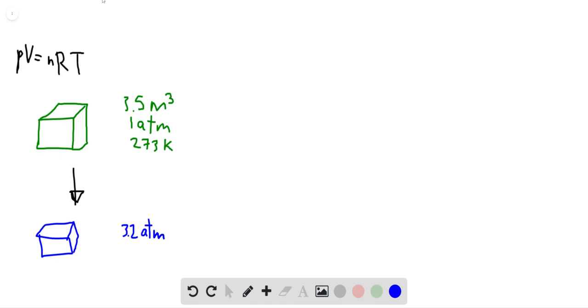38 degrees Celsius in Kelvin is 311. So one thing will become very important when we use the ideal gas law, this one, is that temperature is always Kelvin.